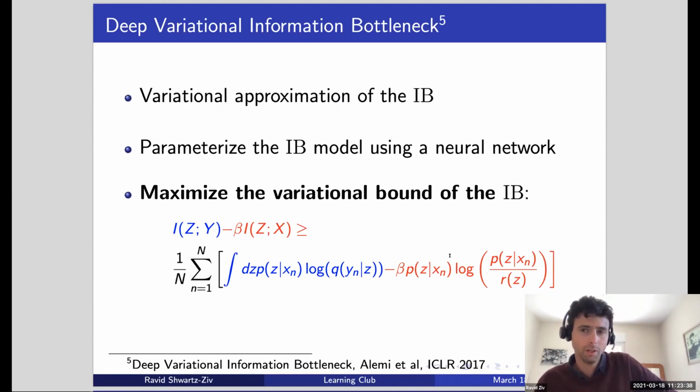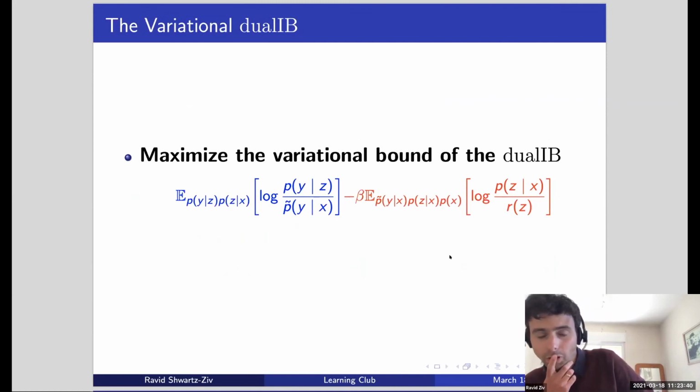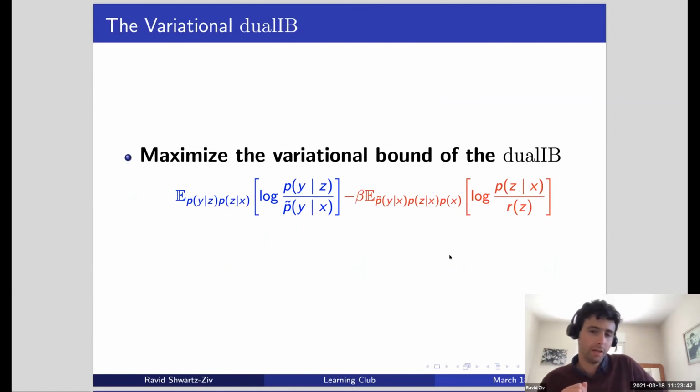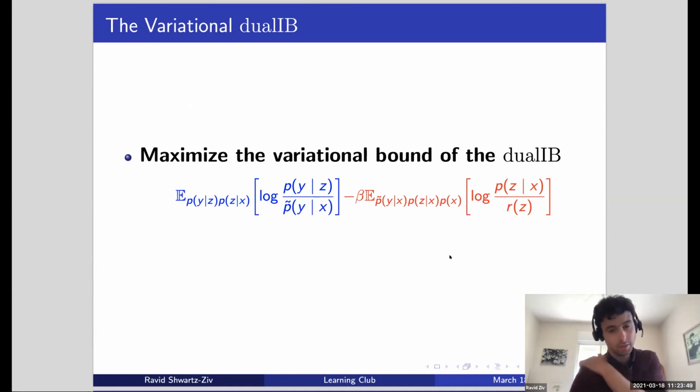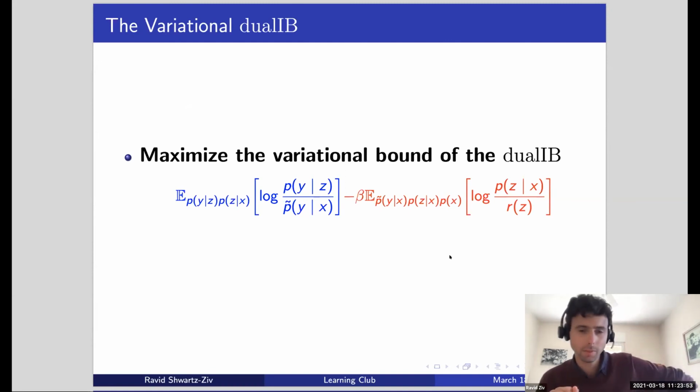We took a similar approach. We derived a variational bound on the dual IB, and now we can use the same thing and fit all these terms with neural networks.